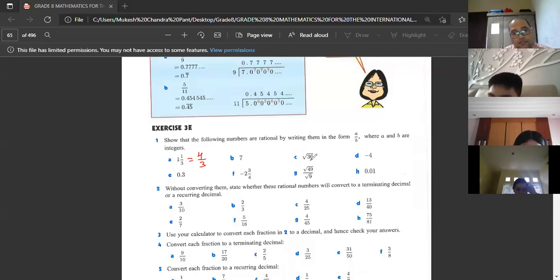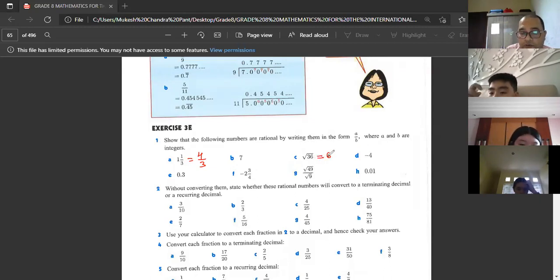Now, this is a good question. James asked about roots. If we look at this square root, there is a perfect square inside it. So we can write square root of 36 as 6.